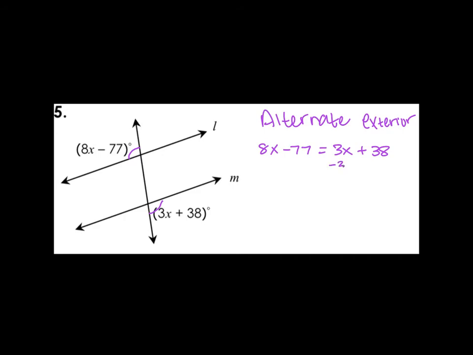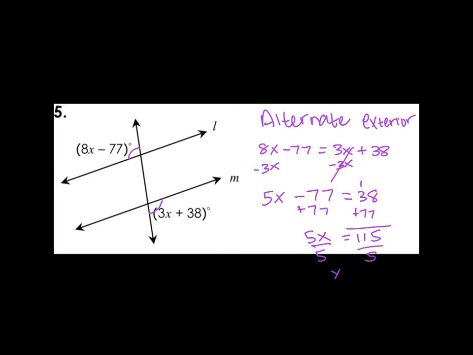So I'm going to subtract 3x here to cancel that out, and then I subtract 3x on this side. So that'll give me 5x minus 77 equals 38. Then I'm going to add 77 to both sides. And 38 plus 77 gives us 115 equals 5x. And then I divide by 5, and I should get x equals 23.